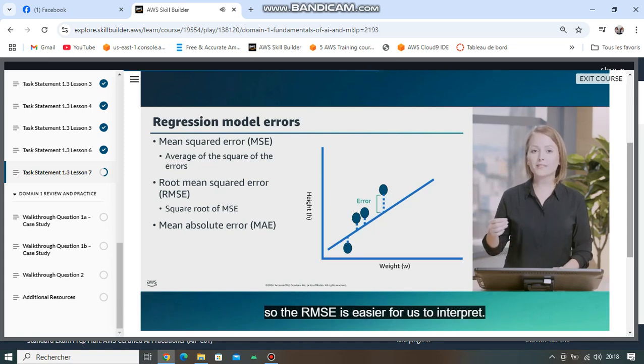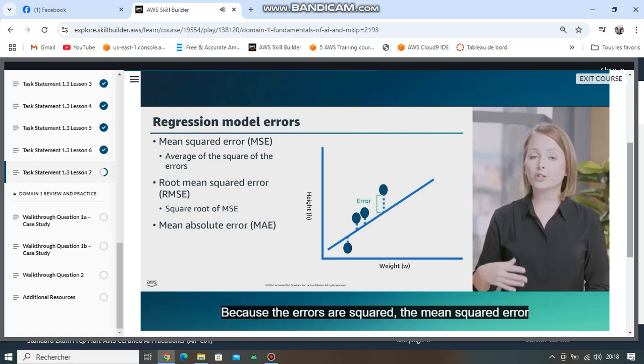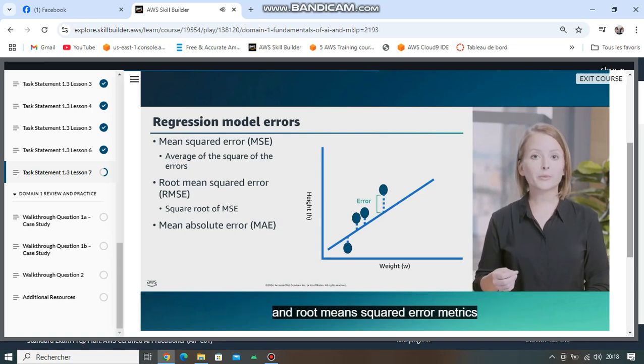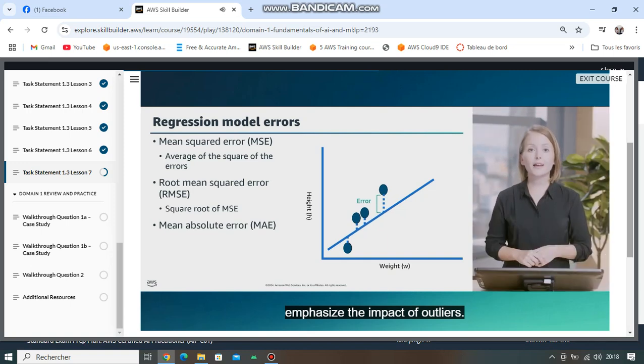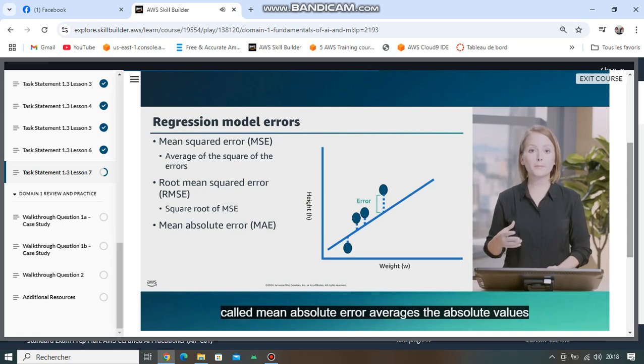So the RMSE is easier for us to interpret. Because the errors are squared, the mean squared error and root mean squared error metrics emphasize the impact of outliers. These are good metrics, but incorrect predictions can be very costly. If that is not desired, a different metric called mean absolute error averages the absolute values of the errors, so it doesn't emphasize the large errors.